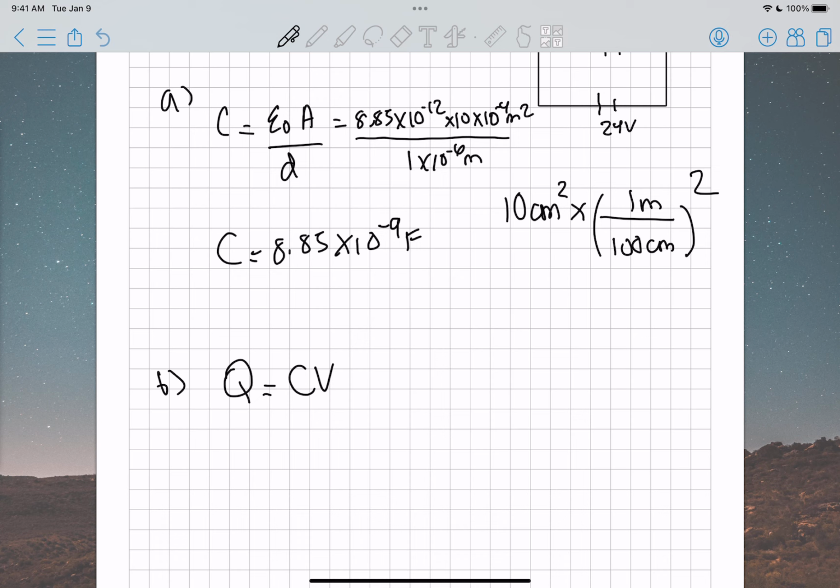We want to figure out the charge on the plates, so we multiply the capacitance of the capacitor times the voltage across that capacitor. That gives us our charge. So we have 8.85 times 10 to the negative 9, multiplied by the voltage, which is 24 volts, and that should give you 2.12 times 10 to the negative 7. Once again, this is all based on the answer key.